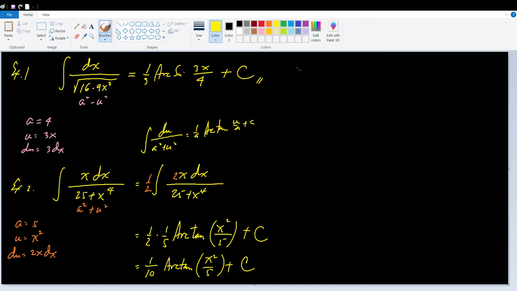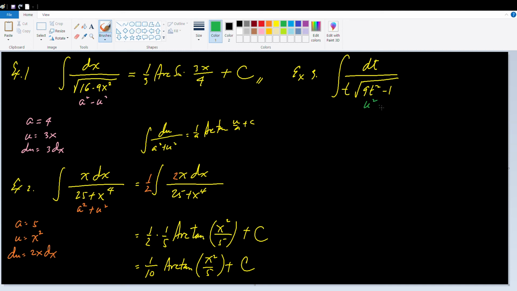We try another one. The integral of, say, dt all over t square root of 9t squared minus 1. Since there is a radical involved and there is a function outside, let us try applying the third formula.